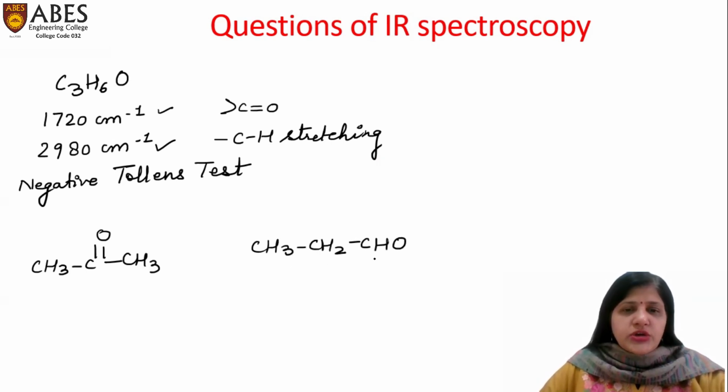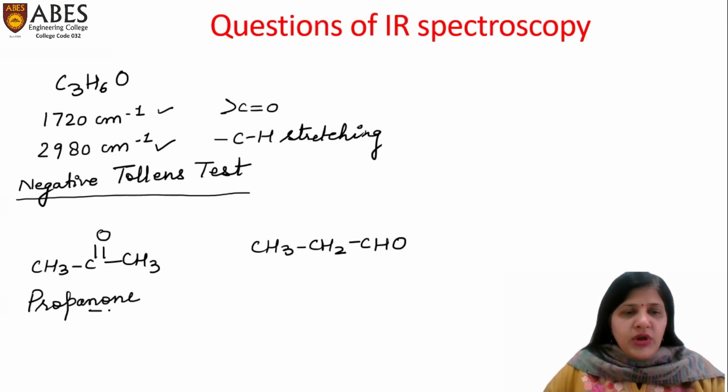These two structures correspond to C3H6O, and both correspond to the presence of the carbonyl group and the CH stretching band in the spectroscopy. And if we take a look at the negative Tollens test, it suggests that the given sample is propanone, not propanal.